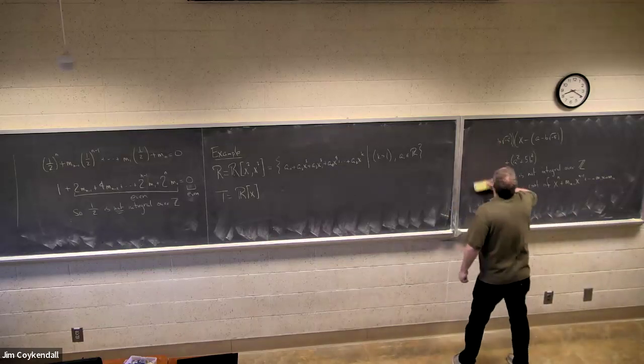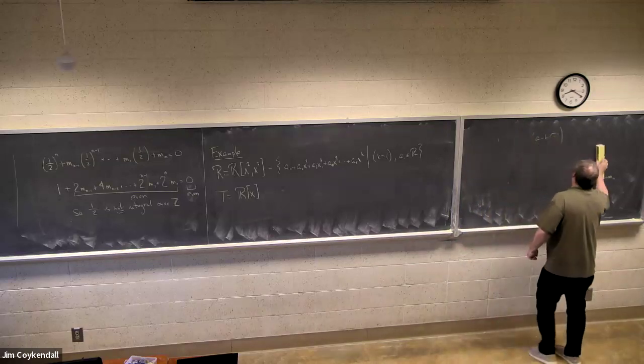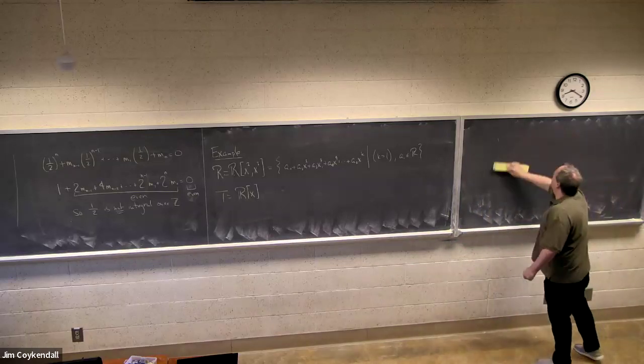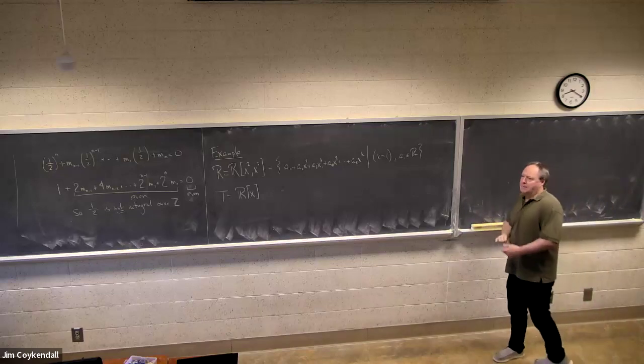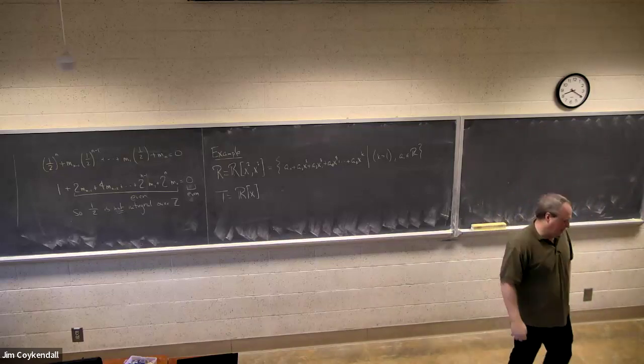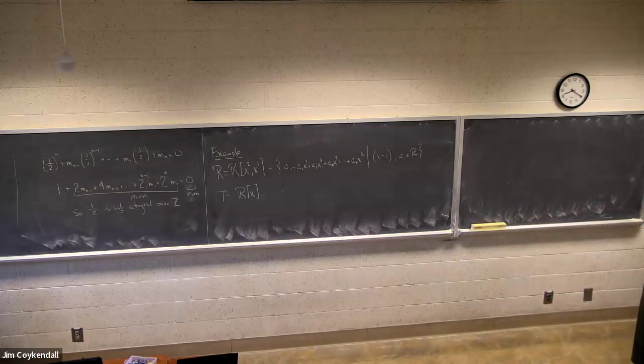So the question is, if you have some element in a domain, say, and its minimal polynomial is not monic, does that necessarily mean it's not integral? I don't think that's generally the case if the ring's not integrally closed, but we'll get to that.